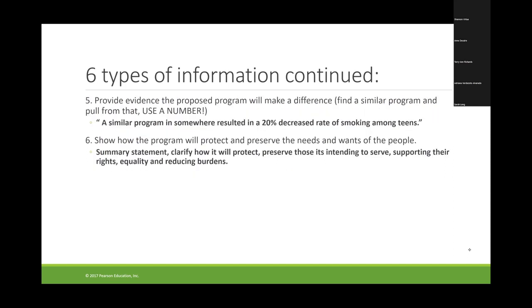So the last two, providing evidence that your proposed program will make a difference. This is bringing into light that there's a similar program somewhere else that resulted in some kind of change. Normally when it comes to intervention science, we're talking about shifting programs from what was done before to something far more specialized and specific to our location, with a number of other nuts and bolts that are distinctive and science-based.